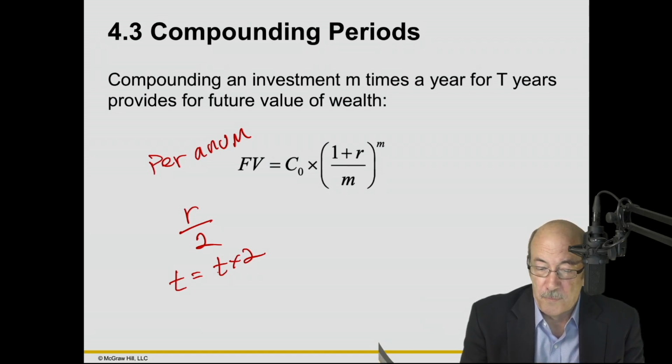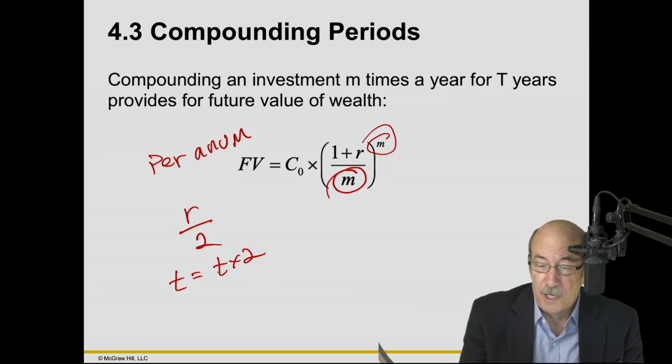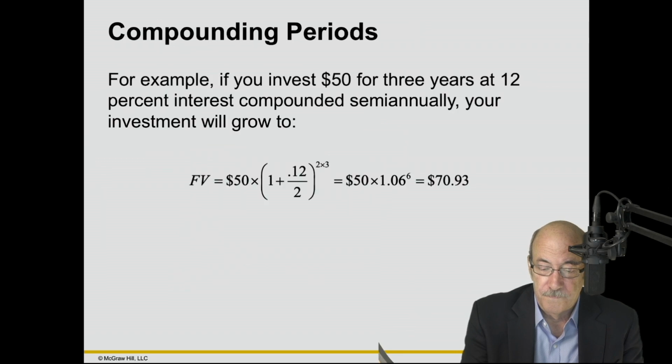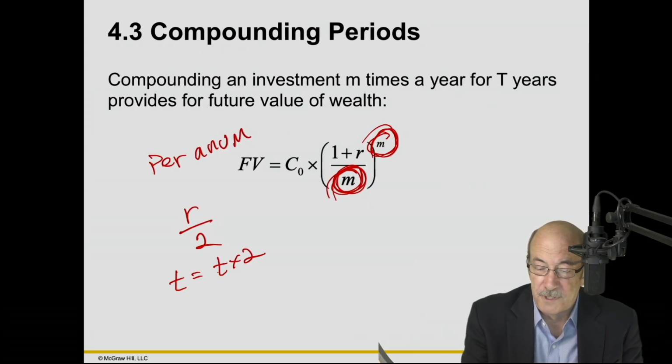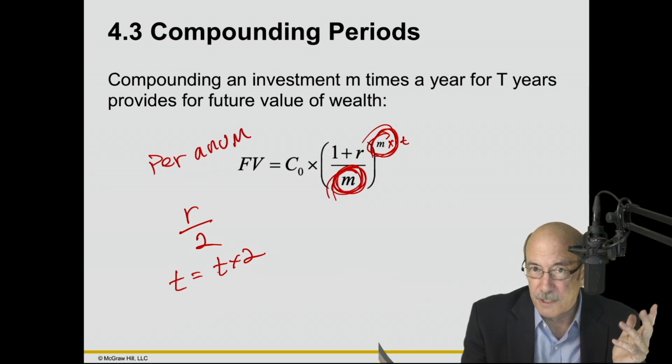You can follow the book's notation here. They've switched to M to recognize that it's not annual anymore. Here they divide by M, and up here you raise it to the mth power. But what they don't tell you is that it should actually say M times T. Anyway, deal with it however you like.